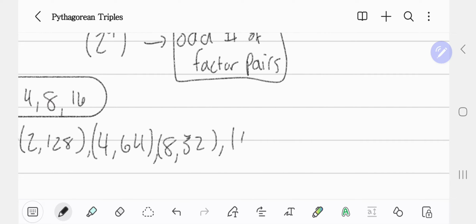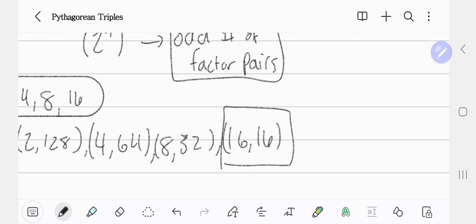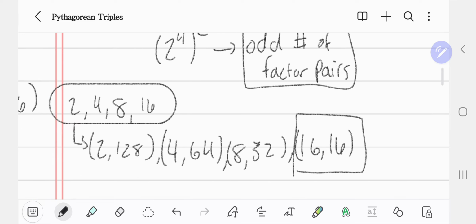They also have to be whole numbers and not the same as each other, so we get rid of that last possibility.